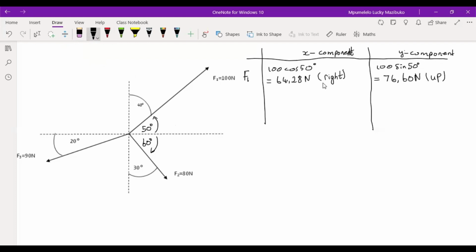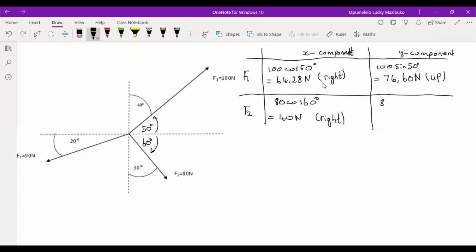And then we look at the components of F2. This one will be 80 cos 60. Cos 60 is a half, so this is 40 newtons to the right as well.